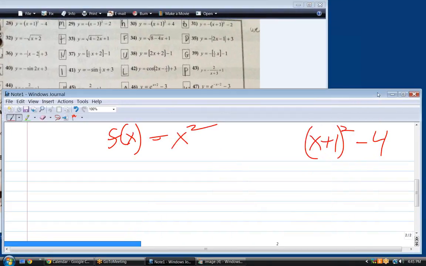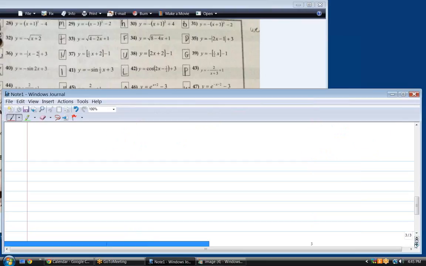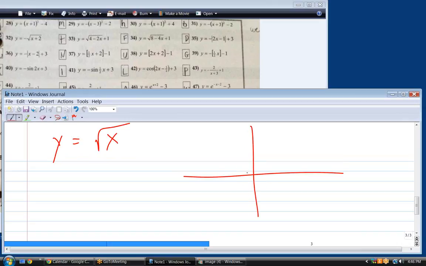Okay? So let's look at 32. I'm going to draw the parent function. What's the parent function on 32? The square root of x, sorry. Okay, and that looks like it starts from the origin because x has to be positive, y has to also be positive, so that's what it looks like.